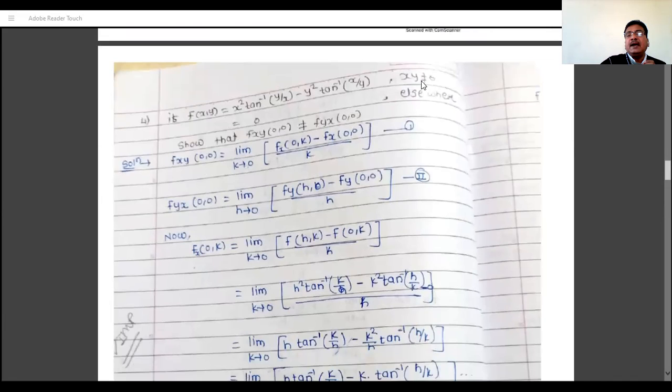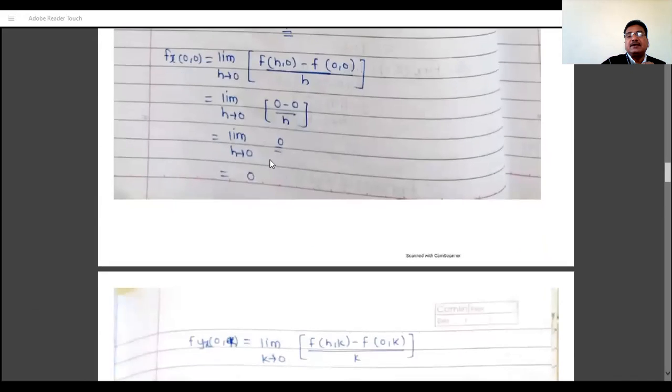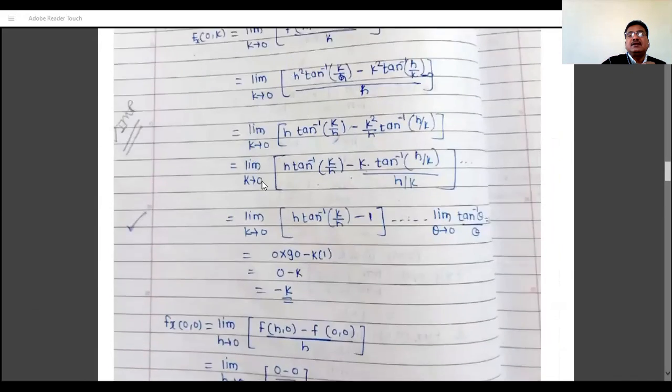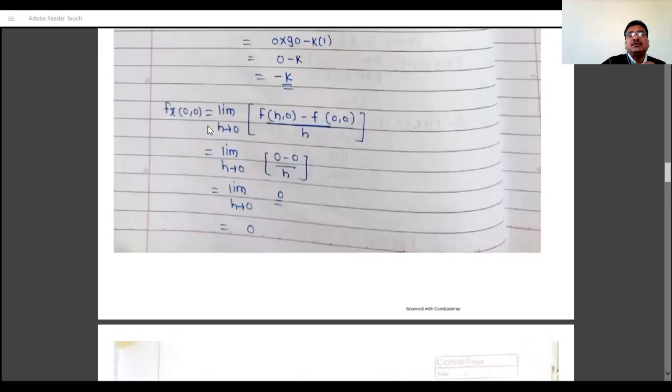So when x into y is 0, if one of them is 0, that is either x is 0 or y is 0, the answer is 0. So f of (h,0) value is 0 because the y coordinate is 0. F of (0,0) is 0 divided by h. Therefore the answer is 0.